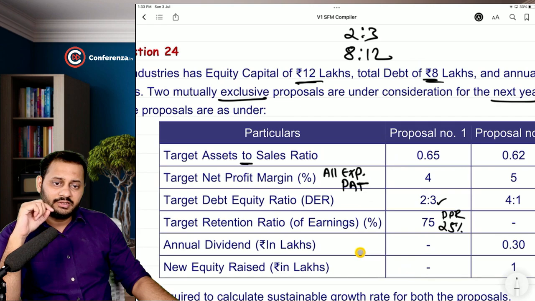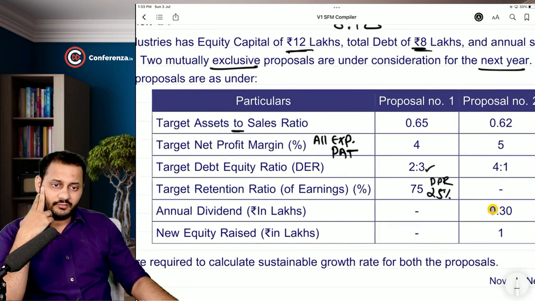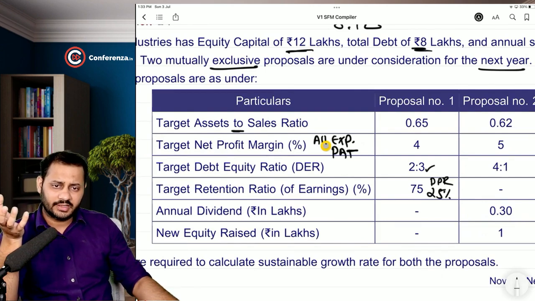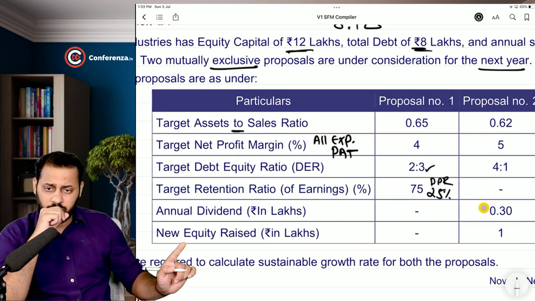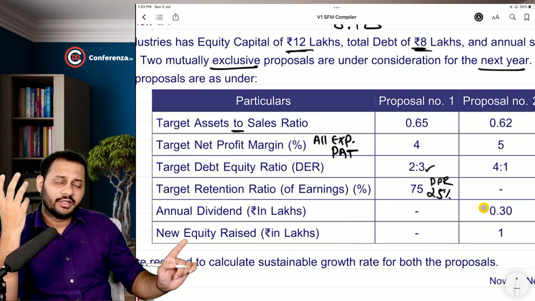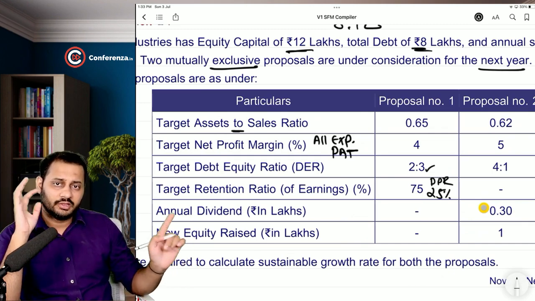Annual dividend is given in amount in proposal number 2. So whatever the profit after tax will be, out of that profit after tax, the dividend you will be distributing is 30,000 rupees. There is something called new equity which is raised in proposal number 2.